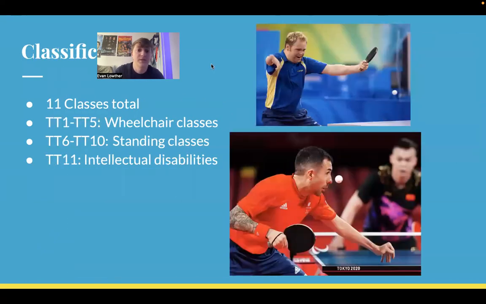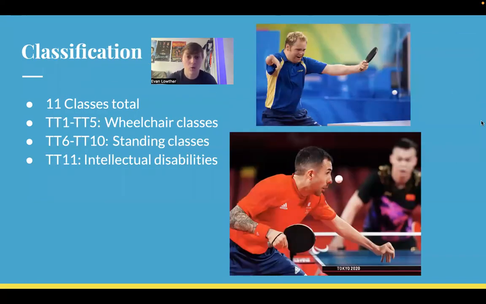For classifications, there are 11 classes total. TT1 through TT5, which stands for table tennis 1 through table tennis 5, are wheelchair classes, with the lowest being absolutely no trunk movement available, and working its way up to minimal trunk and leg function available.